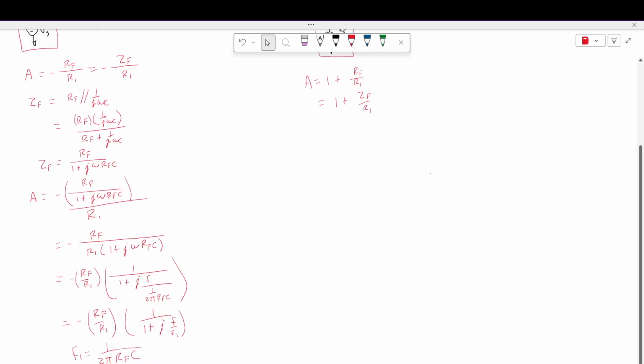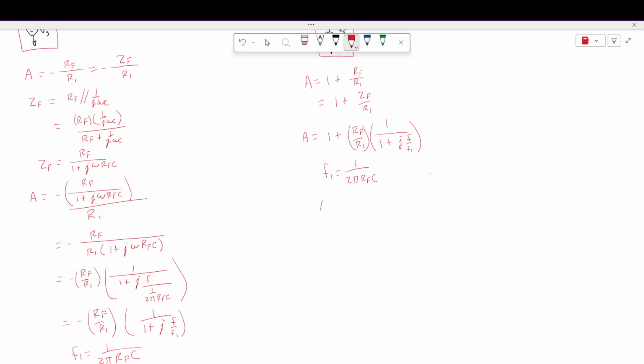So A is equal to 1 plus RF over R1 times 1 over 1 plus jf over f1, where f1 is equal to 1 over 2 pi RFC.